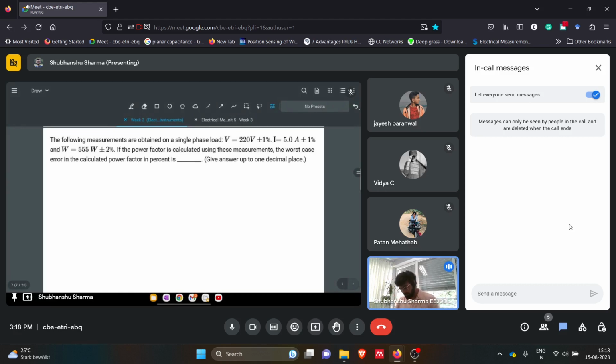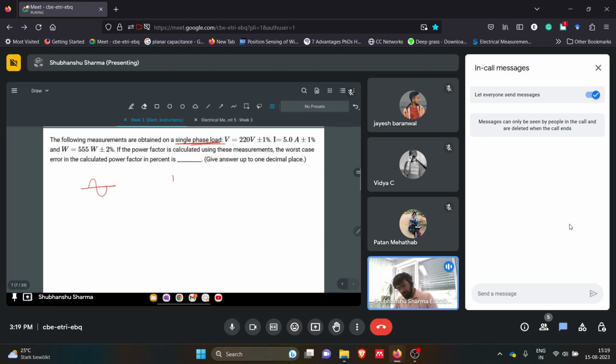So the question is saying that the following measurements are obtained on a single phase load. Okay, don't worry about that if you don't know. Single phase load basically means only one phase is there. There's no two phase, no three phase. Okay, just only one sinusoidal signal or some signal is there.